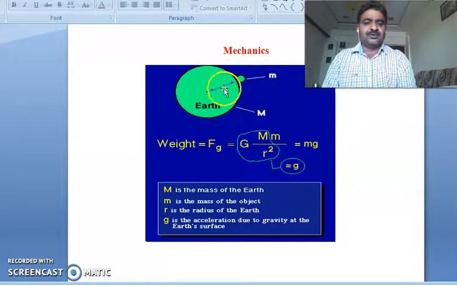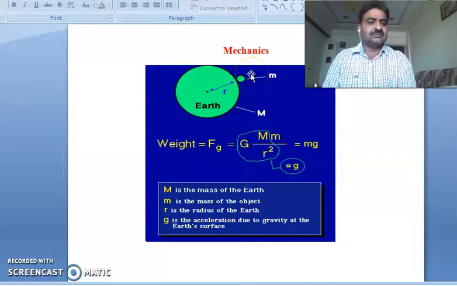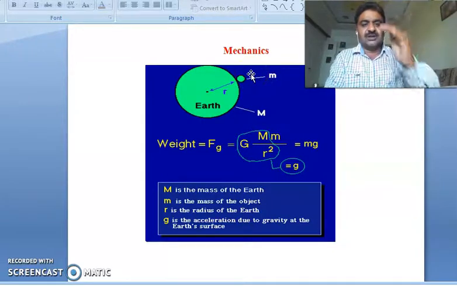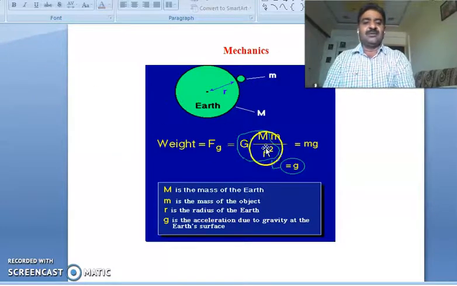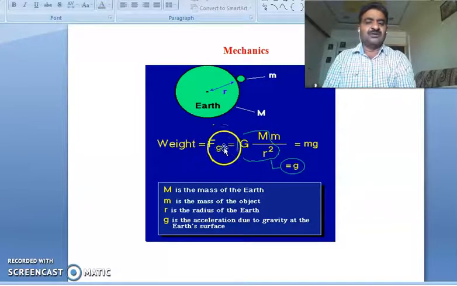Suppose the body is on the earth, not over the earth, then the distance between the center of the earth and the body is nothing but the radius of the earth. Do you agree? Then the weight of the body or force acting on the body is given by F is equal to G M m by R square.